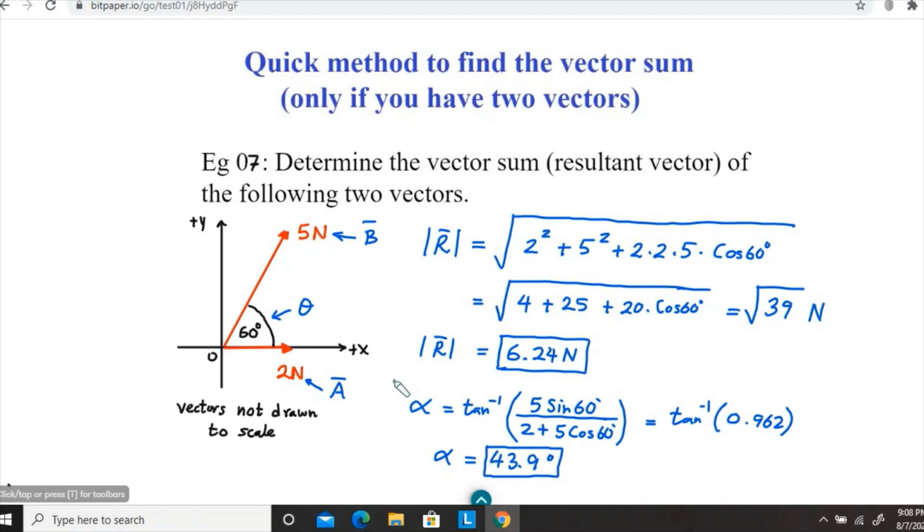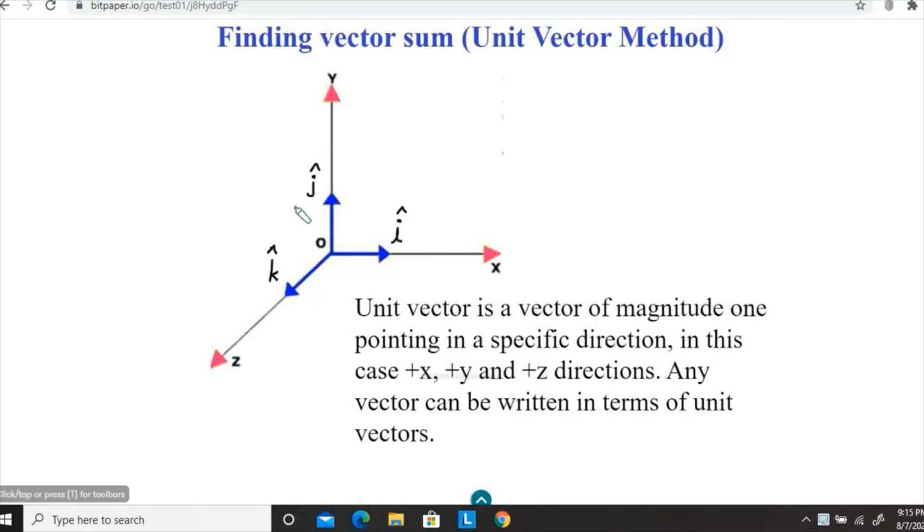So you can see this method is relatively quick if you know the expressions that need to be substituted. So that's how I wanted to explain this quick method of finding the resultant when you are given 2 vectors. Now there's another third method to find the vector sum, provided that you're given a combination of vectors.